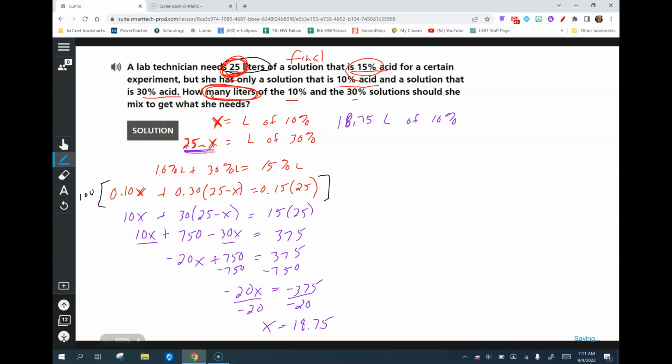Then I'm going to plug it in here. So I have 25 minus 18.75 is equal to 6.25 liters of the 30%. And this is my answer.